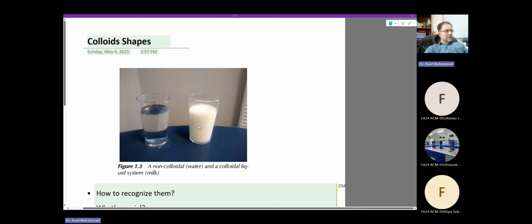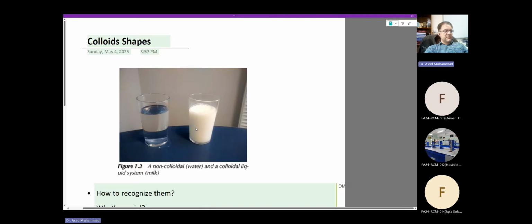Okay. And then we have milk, which is a colloidal system. So milk is basically an emulsion. Water is just a solvent. So you can see that the two of them are different in their color. One is white and the other is transparent. So this is basically opaque.